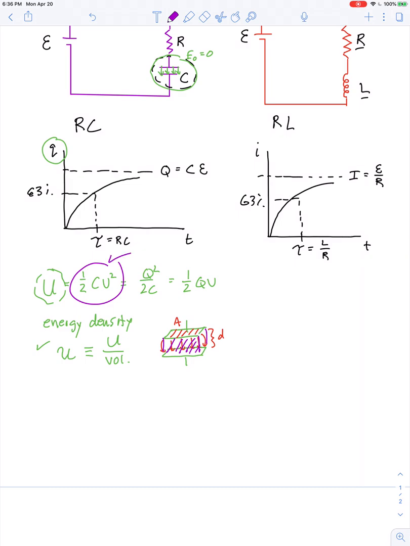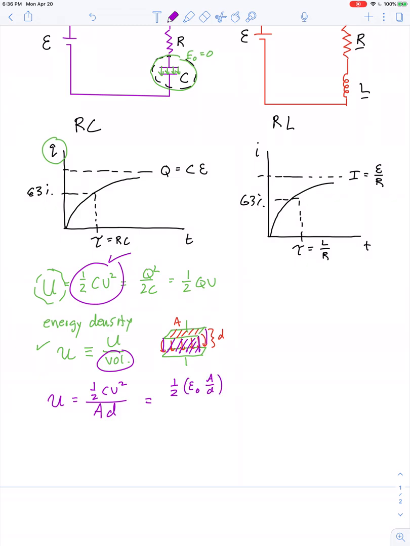Okay, so energy density is 1/2 CV squared divided by volume. The volume is just the area of the plates times the separation of the plates. Okay, let's see. This is 1/2 C. Capacitance of a parallel plate capacitor is epsilon naught A over D.